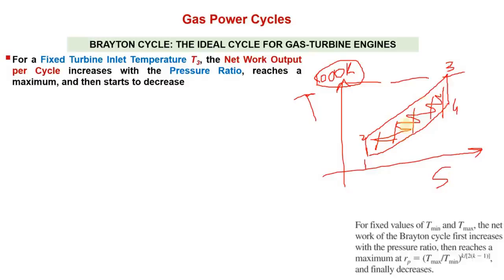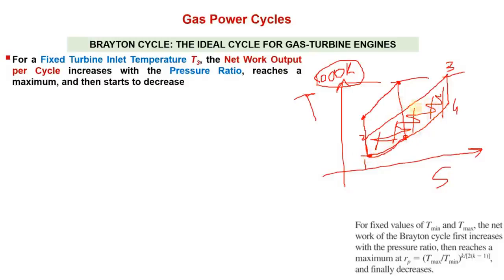Okay, so now what is written here is that for a fixed inlet temperature to the turbine, the net work output per cycle increases with increase in pressure ratio. So for example, if you increase this pressure ratio till this point, and then there is the heating process, but you cannot go beyond this value, and then there will be expansion and then heat rejection.